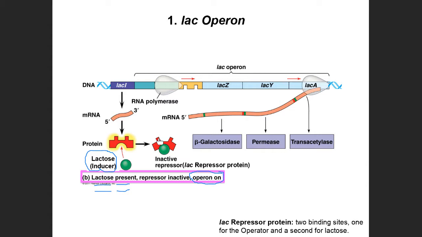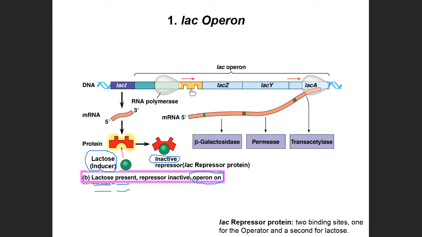This results in the other binding site, which when the repressor is active complements the shape of the operator, no longer having a shape that complements the operator. Thus, that change in shape caused by the binding to lactose inactivates the Lac repressor protein. Thus, we say the Lac repressor protein has now been inactivated.